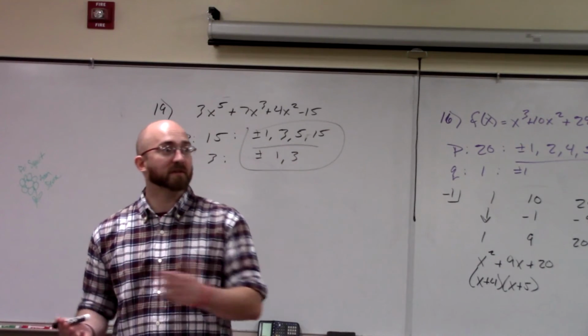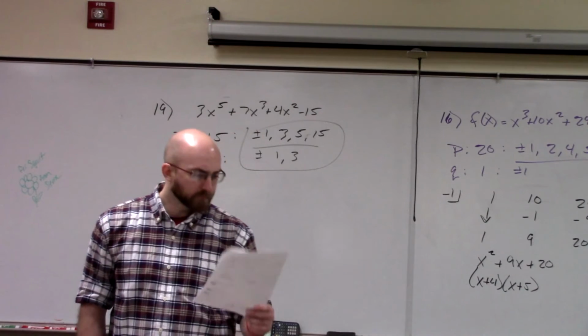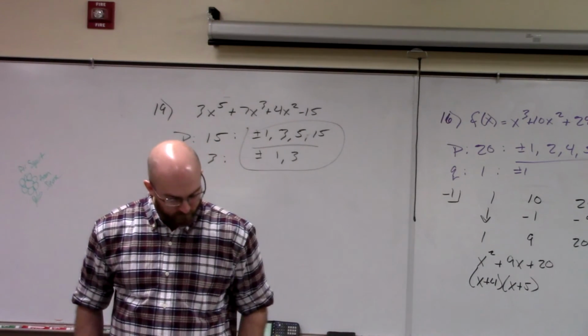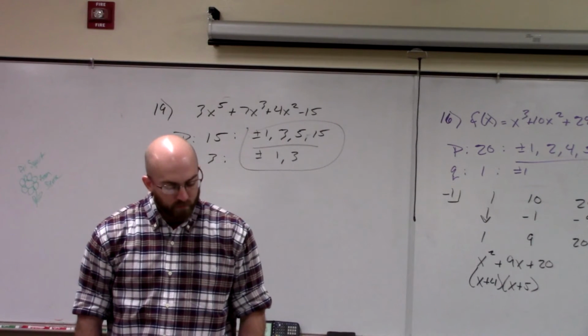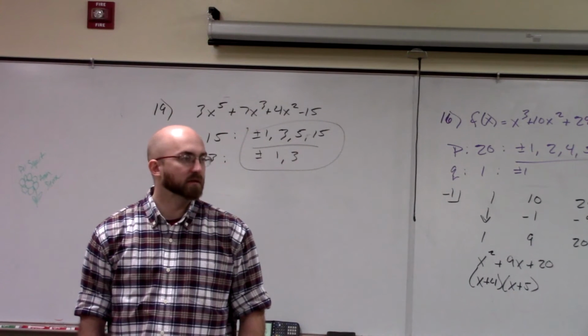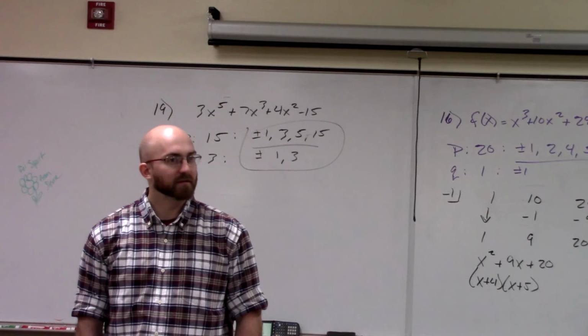On 21, it goes backwards. On 20, whenever it has x times x minus 16 and you factor that down, is that going to be x minus 4 and x plus 4? No, because there's no square. On 20?